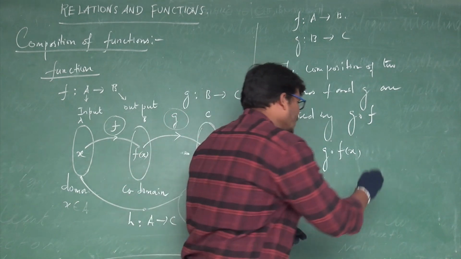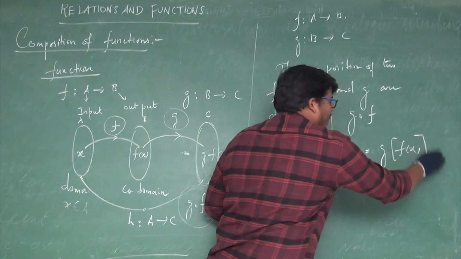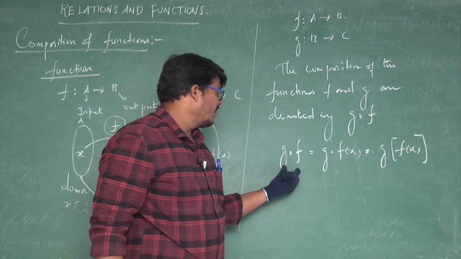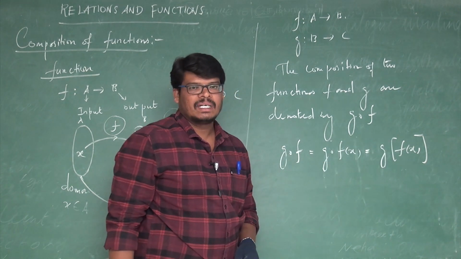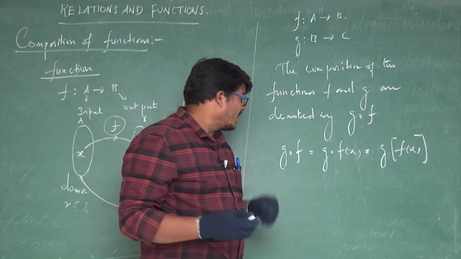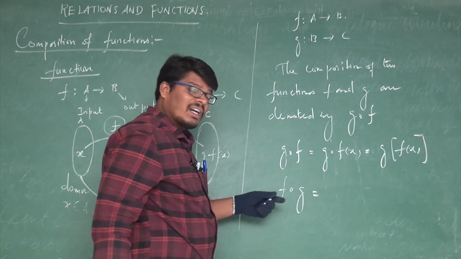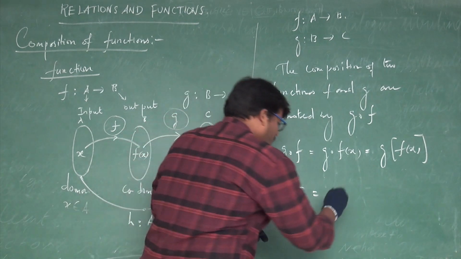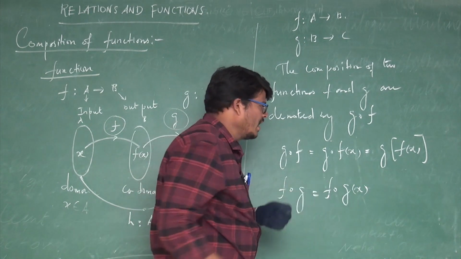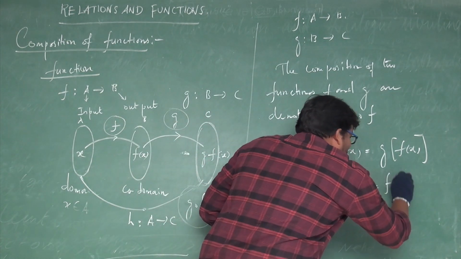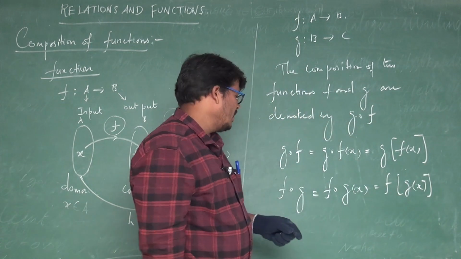So (g dot f) of x equals g of f of x. Now we can write g dot f as g of f of x. And the composition f dot g is defined as (f dot g) of x equals f of g of x.